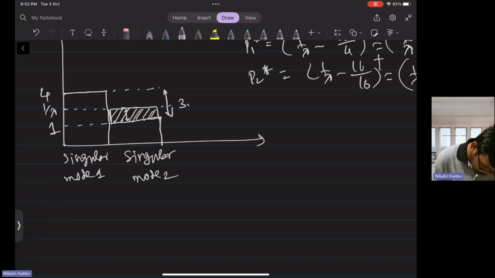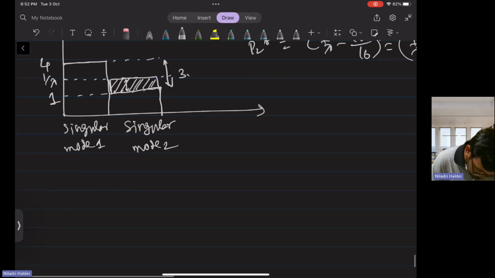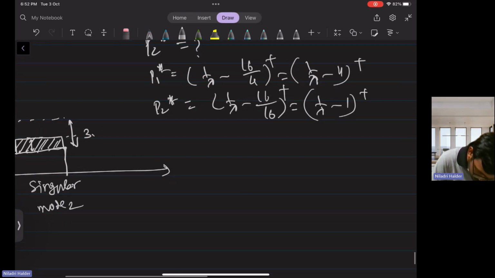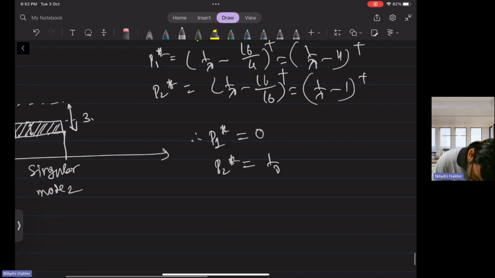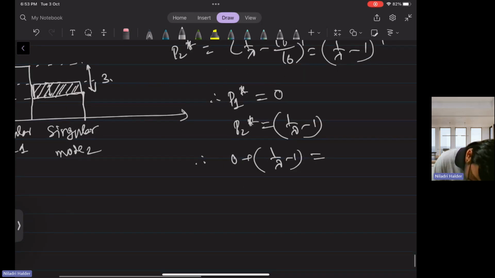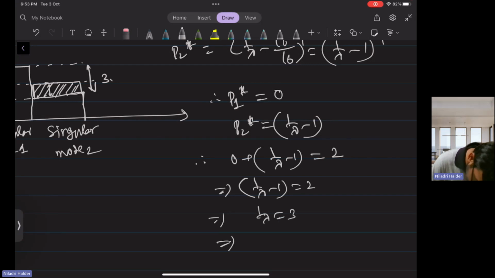Okay, and here there is no power allocation for singular mode one. Only in singular mode two is the power allocation there. So P1 star is equal to 0 and P2 star is equal to 1 by lambda minus 1. So P1 star plus P2 star equals P total. So 0 plus 1 by lambda minus 1 is equal to P total, which equals 2. So 1 by lambda minus 1 equals 2, so 1 by lambda equals 3.